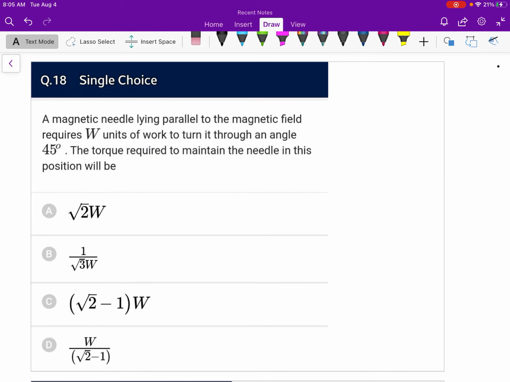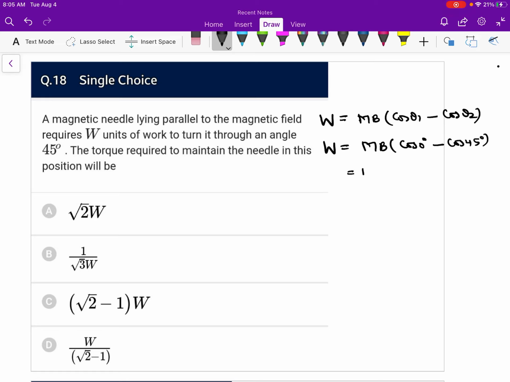A magnetic needle lying parallel to the magnetic field requires W unit of work to turn it through an angle of 45 degree. So work required to turn the coil from theta 1 to theta 2 angle is MB (cos theta 1 minus cos theta 2). So W is MB (cos 0 degree minus cos 45 degree), which is MB (1 minus 1 by root 2), which is MB (root 2 minus 1) upon root 2.